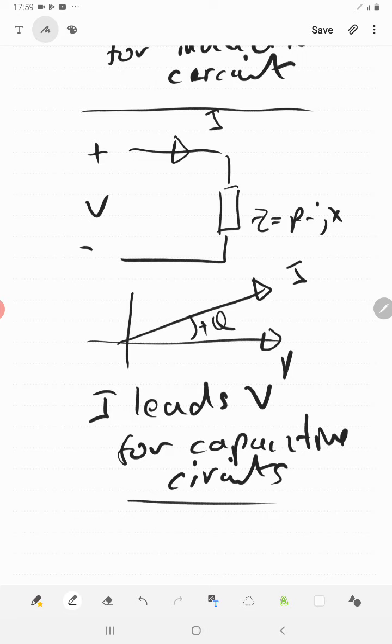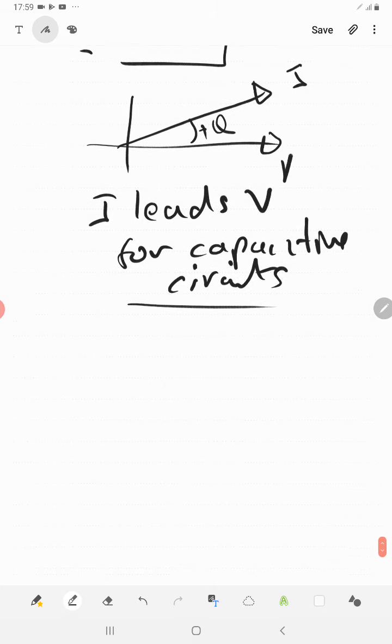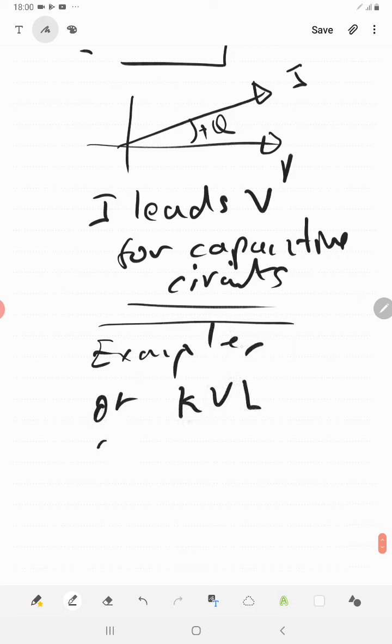Apply them to find the resistance and the total impedance of a circuit with parallel and series circuits, and also find out how you add voltages and currents in a circuit, and find examples of KVL and KCL, Kirchhoff's voltage law and Kirchhoff's current law.